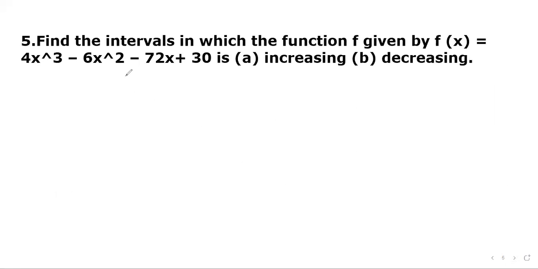Let's take the next question. Find the intervals in which the function f given by f(x) equal to 4x cubed minus 6x squared minus 72x plus 30 is (a) increasing, (b) decreasing.